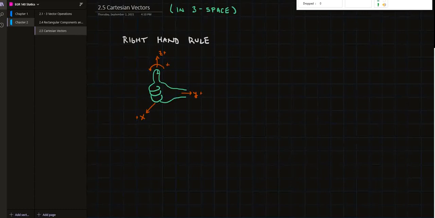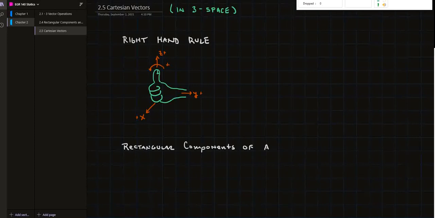Using vectors in 3-space and rectangular components of vectors is really useful, because the trigonometry can get quite hairy.